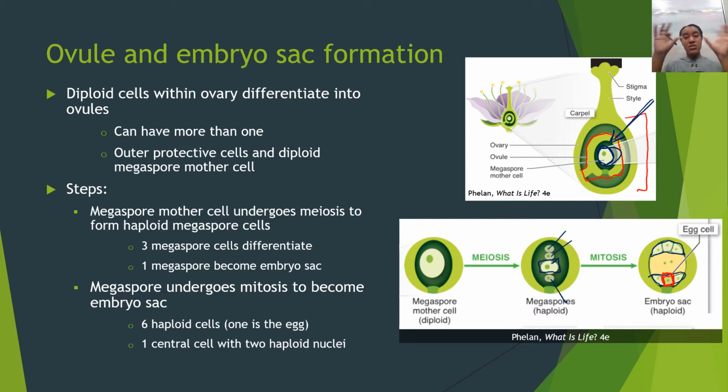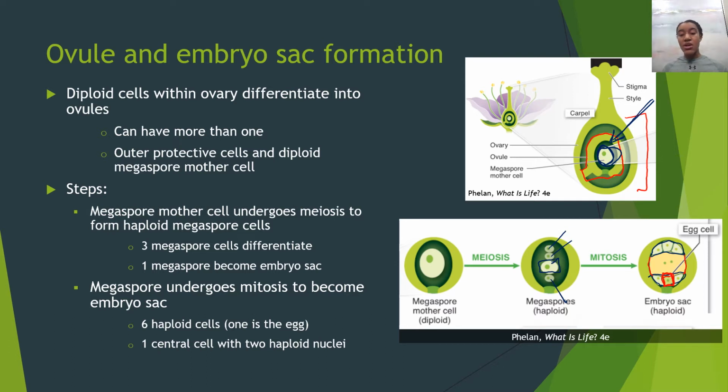The one that's closest to where the pollen tube is going to enter is the egg. And then we have a large central cell here. And this large central cell actually has 2 haploid nuclei. And that is what will later go on to become the endosperm.